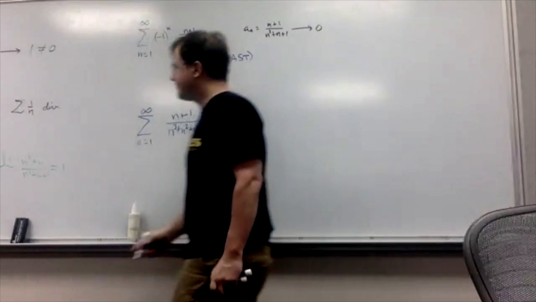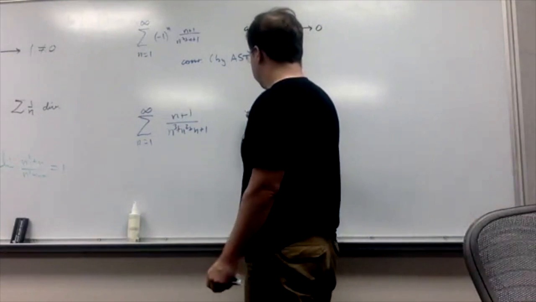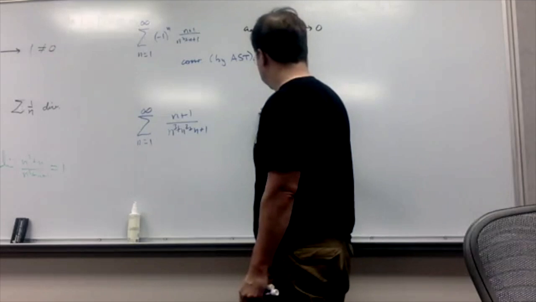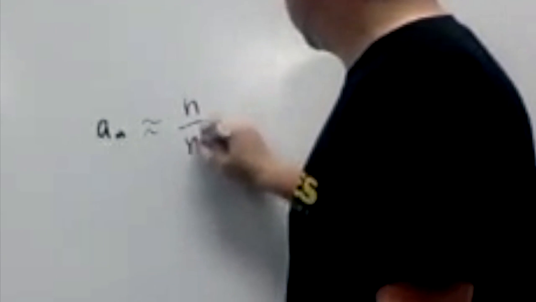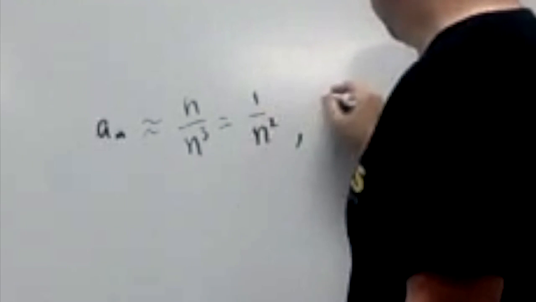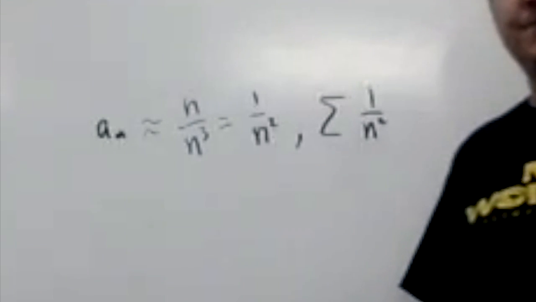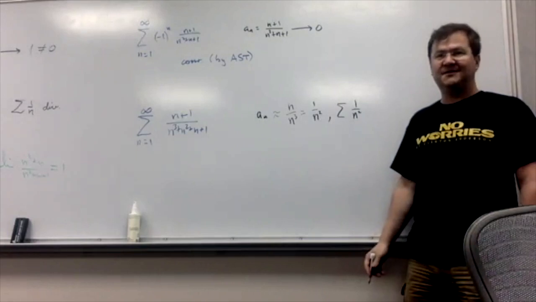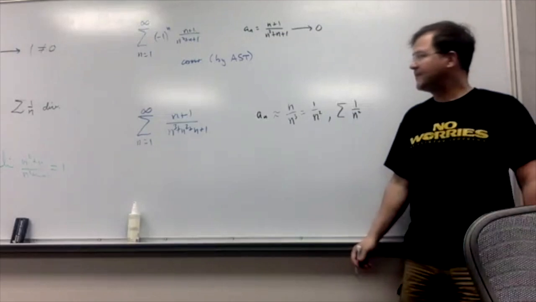So limit comparison. I can see that this formula behaves quite similarly to this, also known as 1 over n squared. And I know that this sum converges by the P series test, right? This is the P series, and that one converges by the P test.